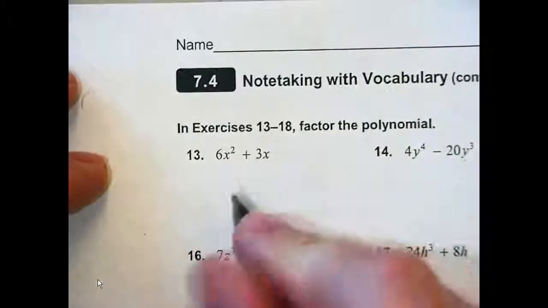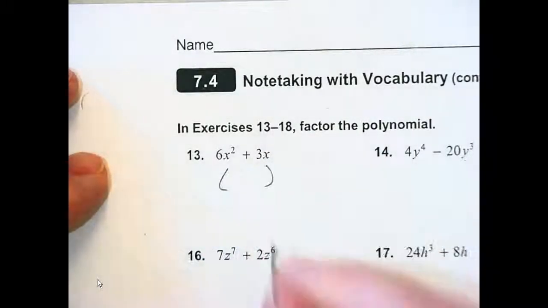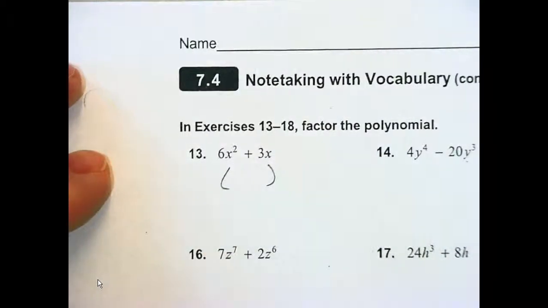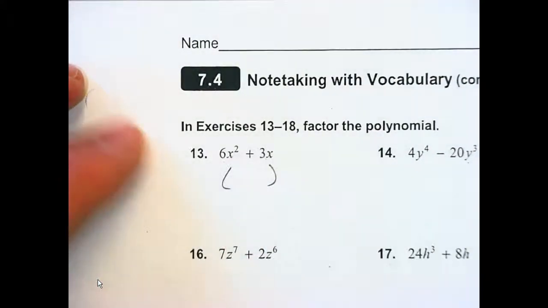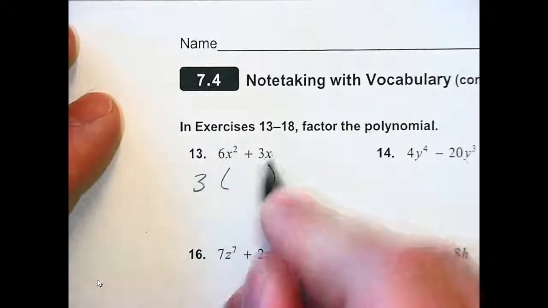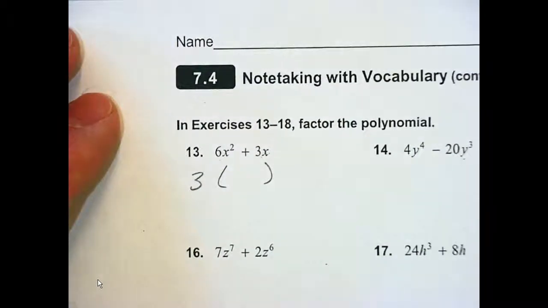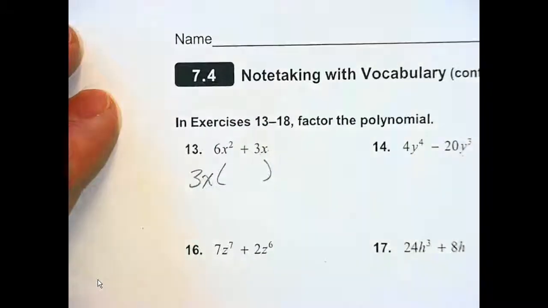Okay, so when I'm looking at this one, let's put it in factored form. That means I'm going to have parentheses. Okay. What goes into 6 and 3? 3. What goes into x squared and x? Yeah, x does, right? Nice work, x. Okay.